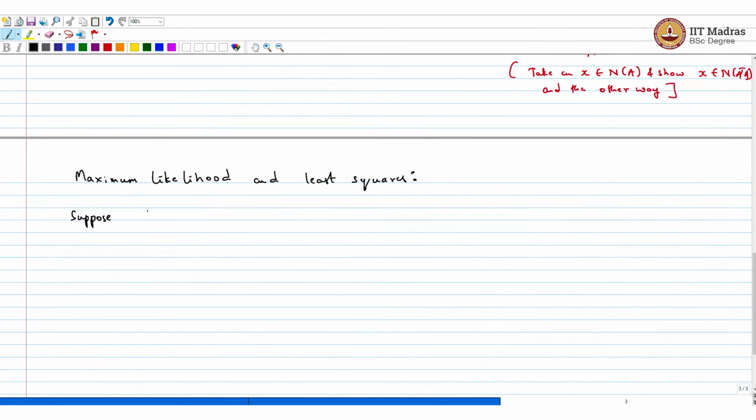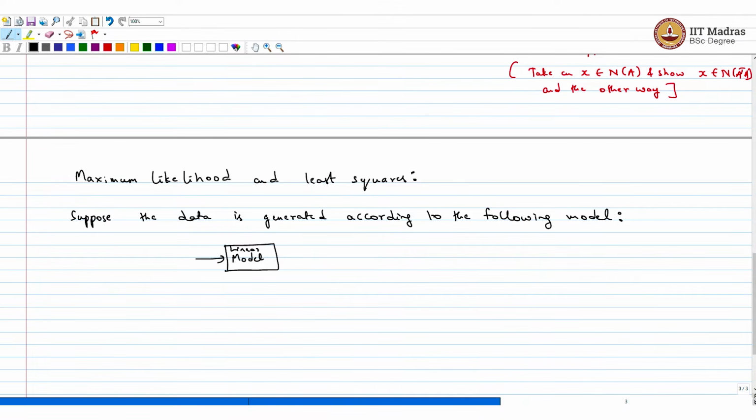So, suppose the data is generated according to the following model. So, here is the linear model. If I pass in x, the y I get is theta transpose x plus epsilon.